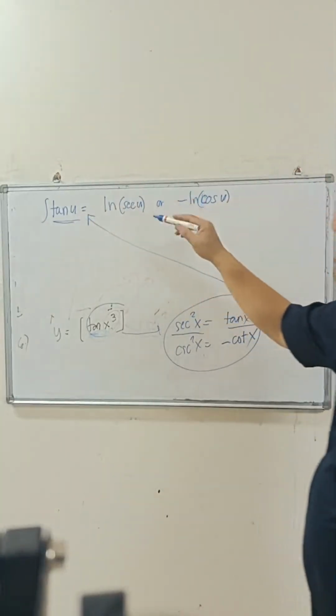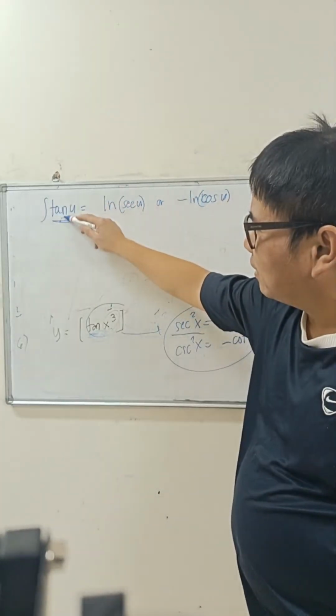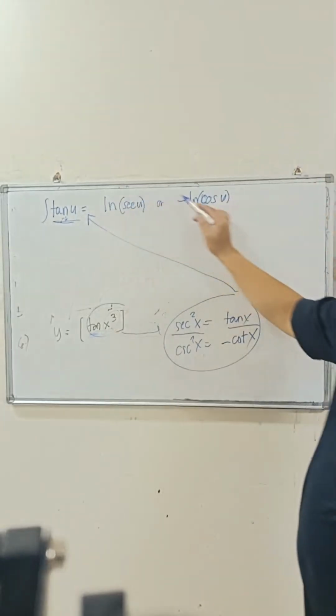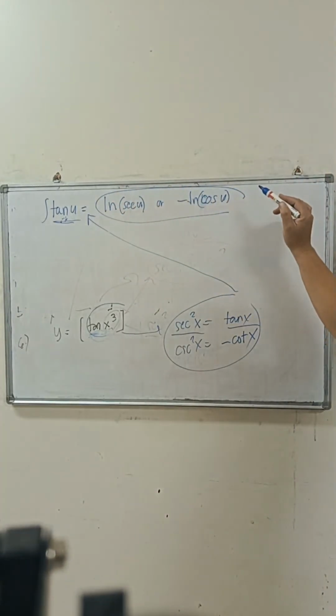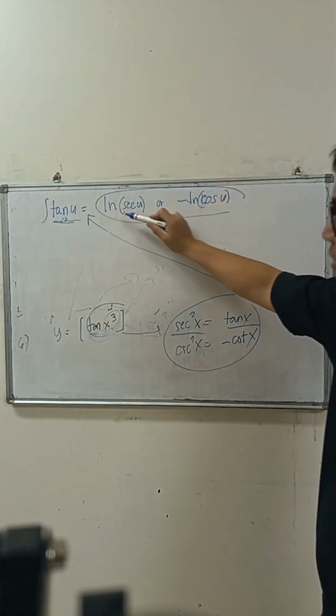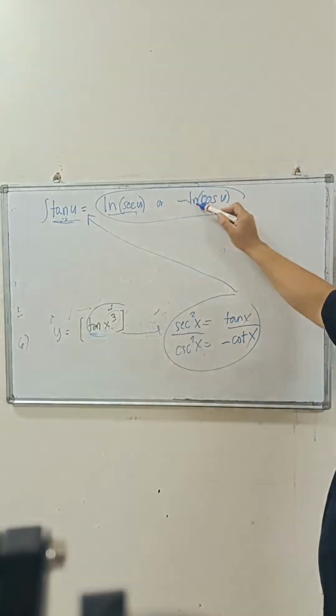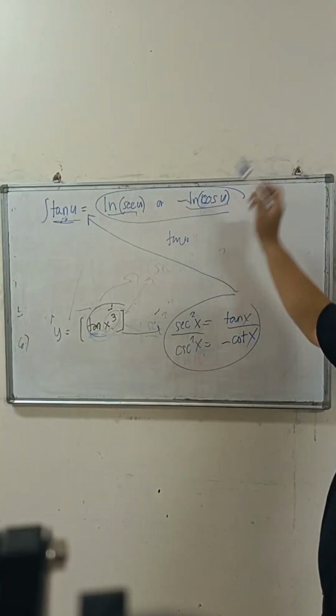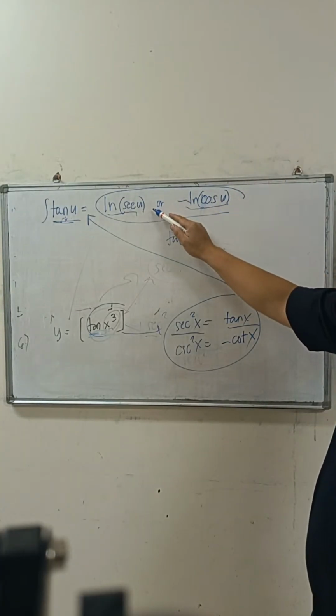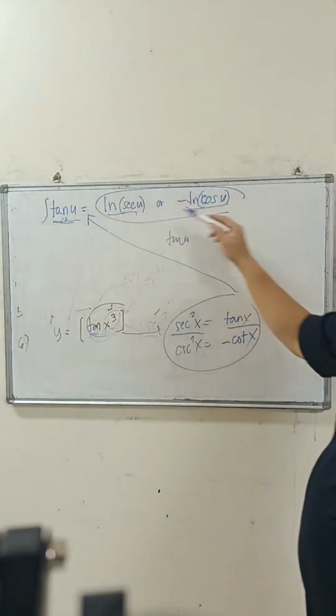But remember, this is integration. And then the reverse of this is this one. So it's confusing. If it starts in this manner, ln secant u, or negative ln cosine u, you need also to say tangent u. The derivative of ln secant u is tangent u.